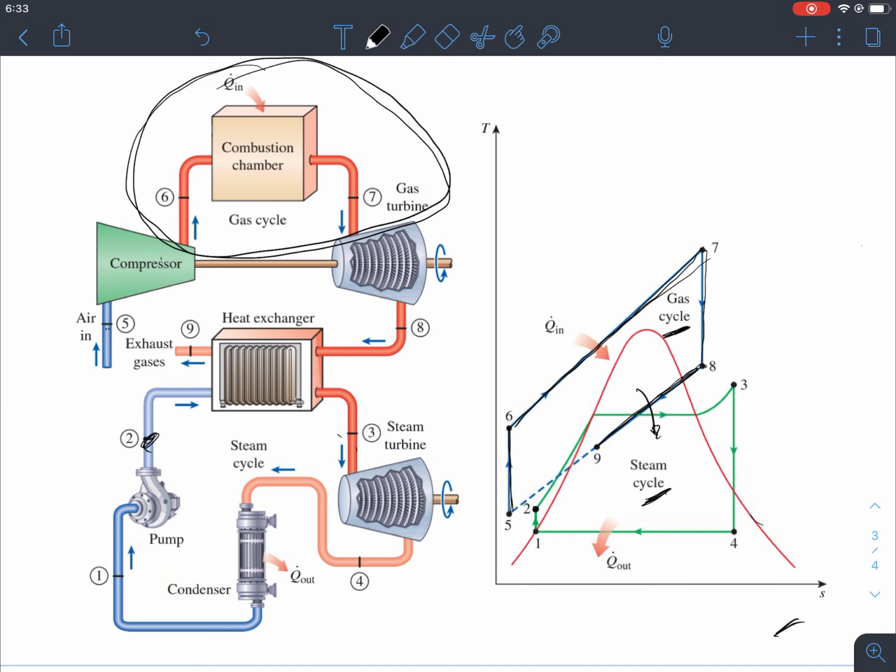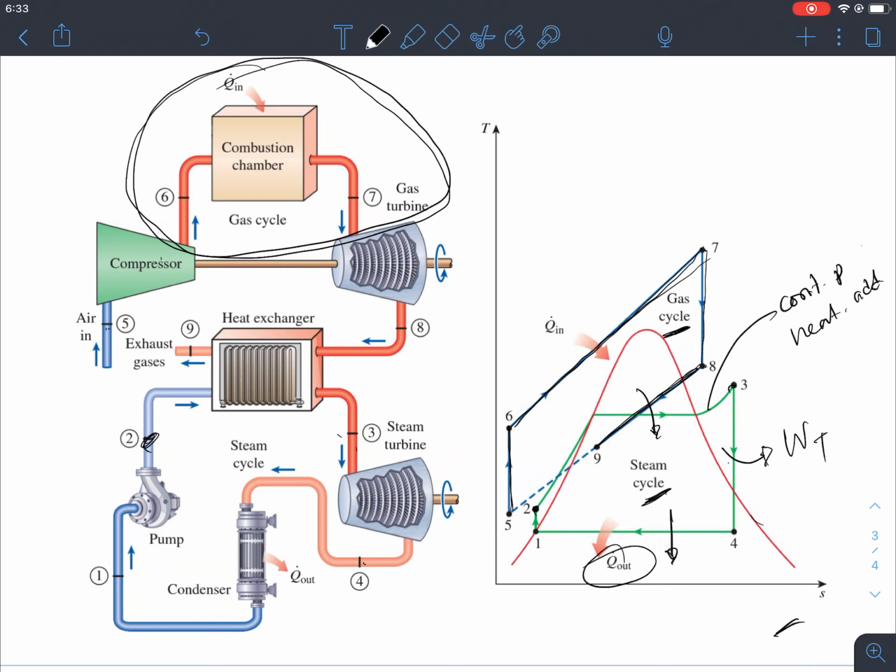So if we look at this process 2 to 3, this is also constant pressure heat addition in this cycle. And then from 3 to 4, we can see that basically it's expanding through the turbine, W turbine, and then 4 to 1 is the condenser, which is Q out right here.